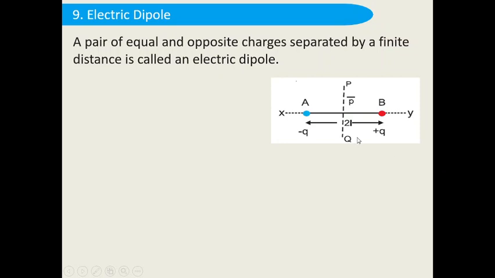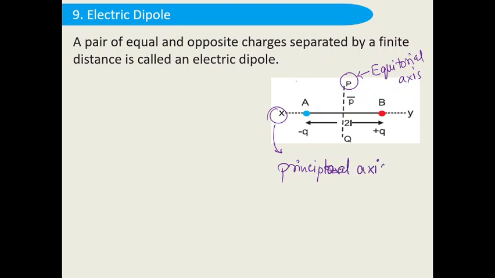PQ is called the equatorial axis, while XY is called the principal axis, or same axis, or only axis.